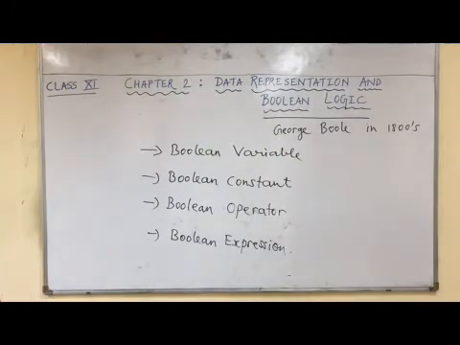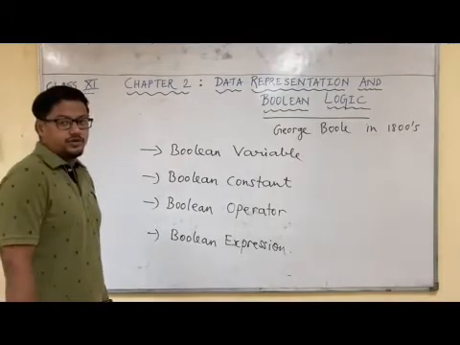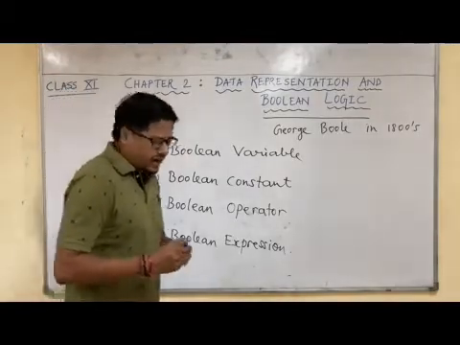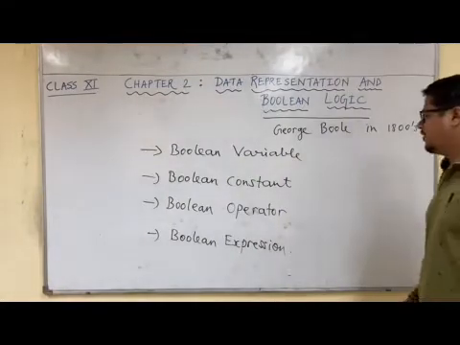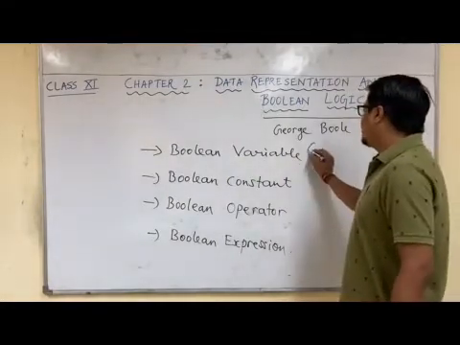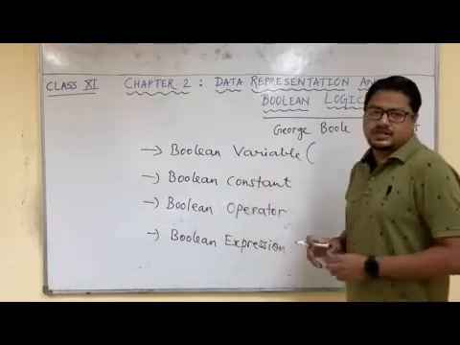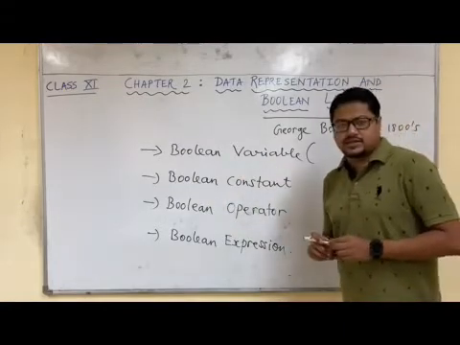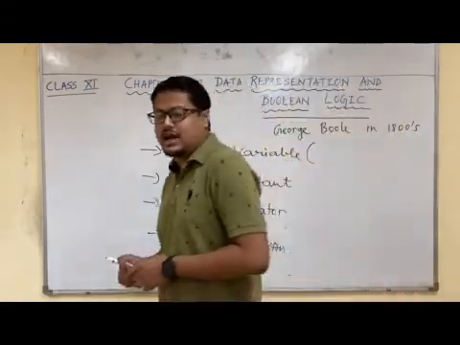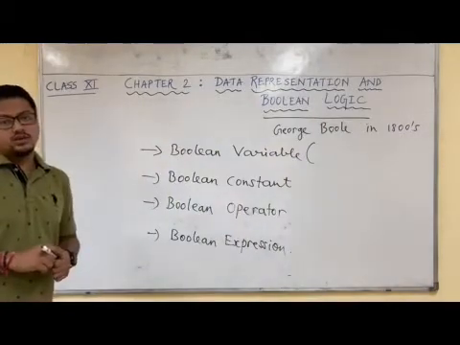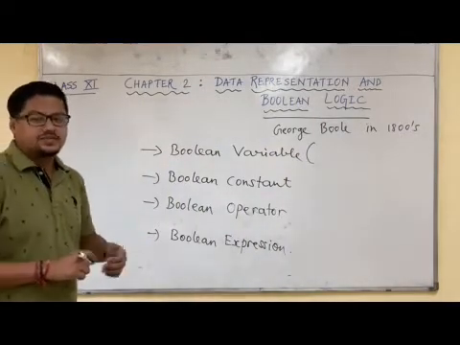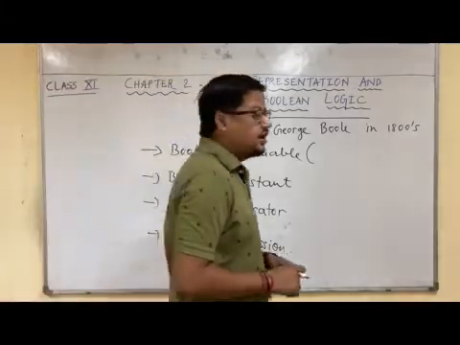Now let us have a short overview of all these four topics before we go into detail. Boolean variable: just as we talk about a variable in Python, here also it is the same. Boolean variables are memory spaces, or just characters or keywords which will store the result. In our case, majorly the result will be 0 and 1.